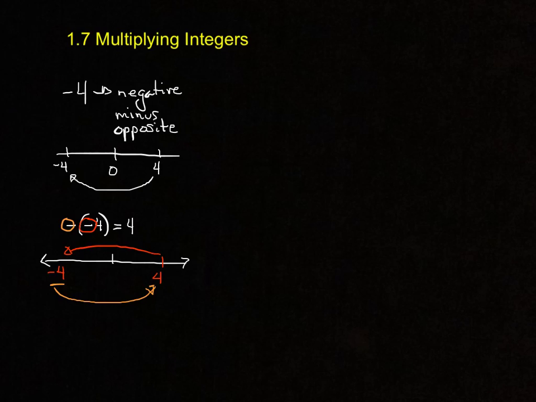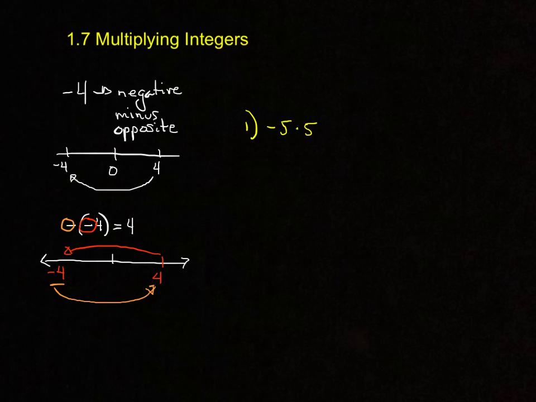So when we get to multiplication of integers or any rational number, we find that this is true as well. Let's take example number 1, negative 5 times 5. This is shorthand of something that you've been dealing with for a lot of this year already, which is addition.